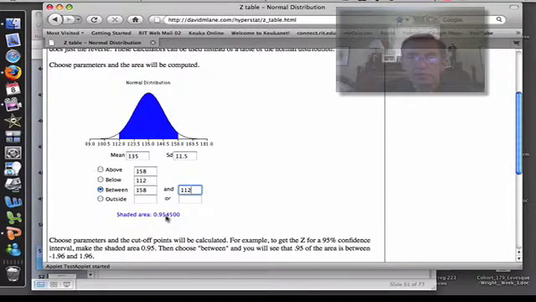But it's 0.9545, which is 95.45%. So it's easier conceptually for us to work with plus or minus two standard deviations. For all intents and purposes, it's 95% likelihood when you're plus or minus two standard deviations.